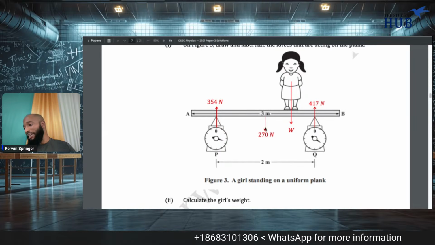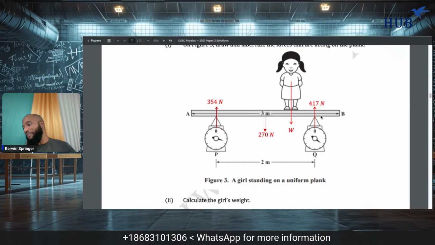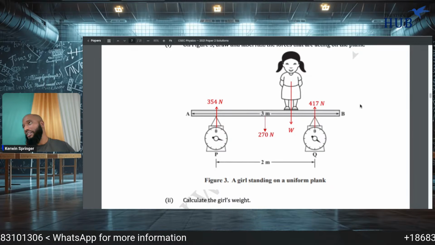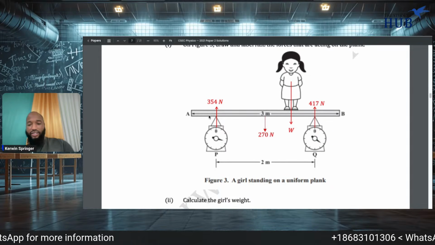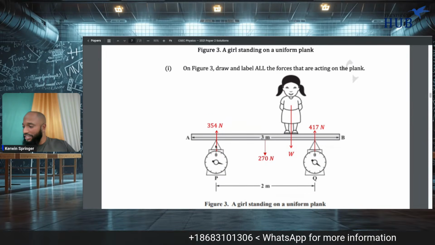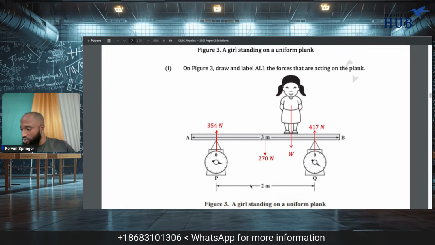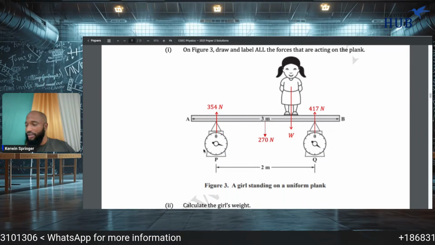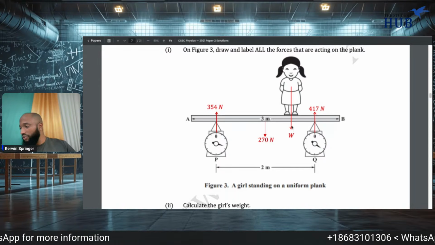Because it's in the middle, it's 1.5, but 0.5 is hanging off on the next side. They said these two are equidistant and this is 2 meters. So therefore there's 0.5 on this part and 0.5 hanging off there. So now all you need to do is find W now.